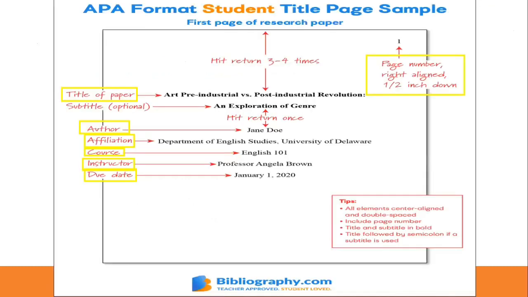Now, in this case, our course is English 101. The name of the instructor is Professor Angela Brown, but you need to consult your instructors first, okay? Because they might want you to have their name entered differently. Because there are some instructors who do not prefer to be called professor.